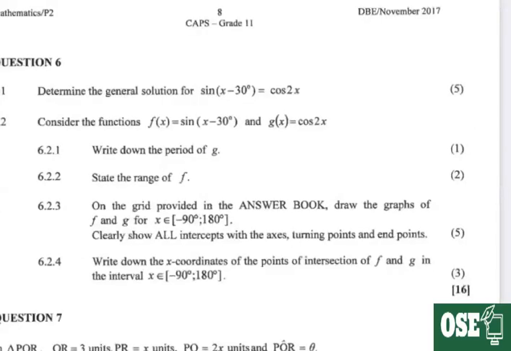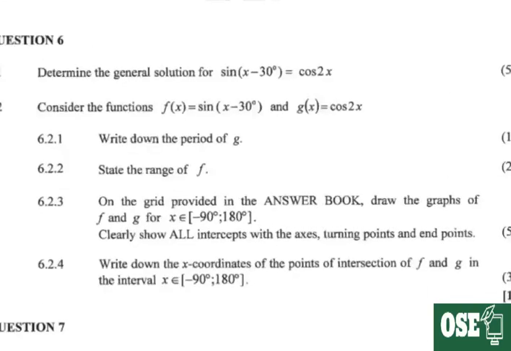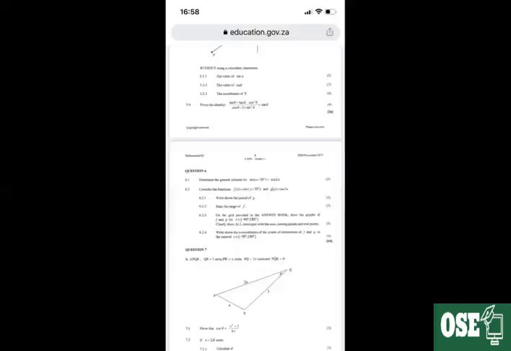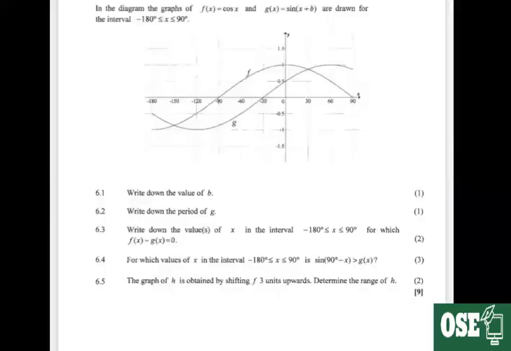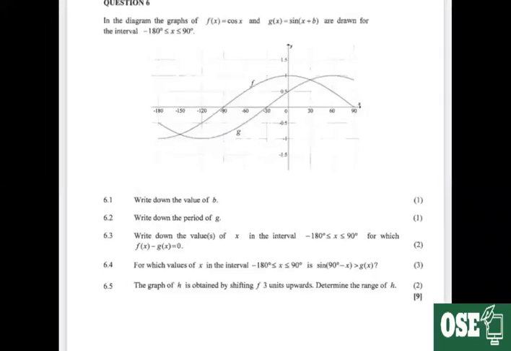Because can you see, this one has the sine graph and the cos graph. Also, this one has the cos graph and the sine graph. So I'll do the cos graph tomorrow, and then we'll answer these questions from past papers.